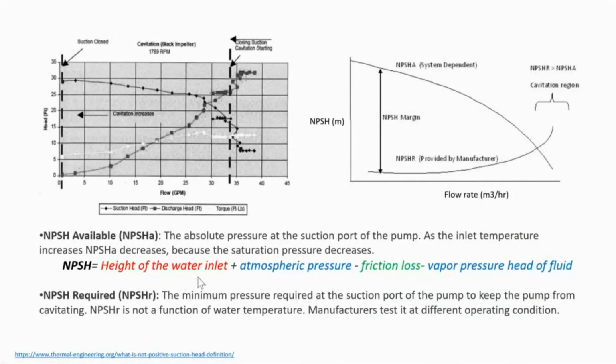So that acts in our benefit, but there are friction losses. Like the bends that you have and the pipe length that you have, those are going to eat up some of this pressure. And then again, you have the vapor pressure head of the fluid.